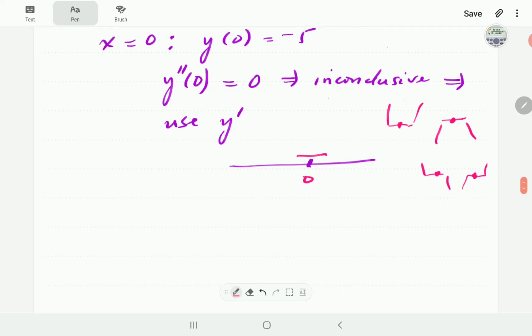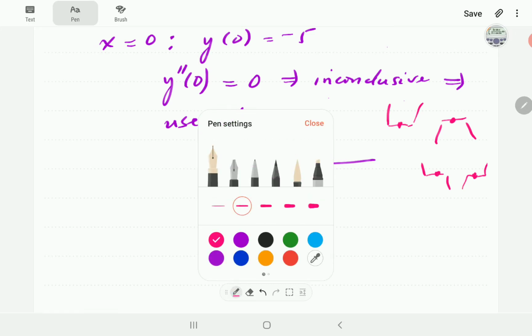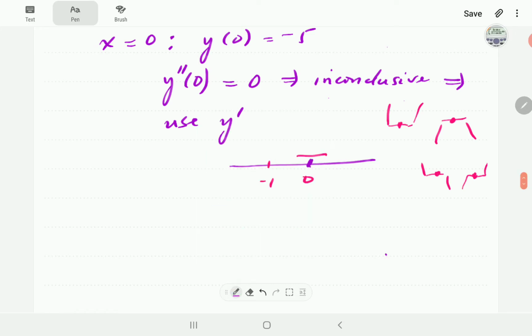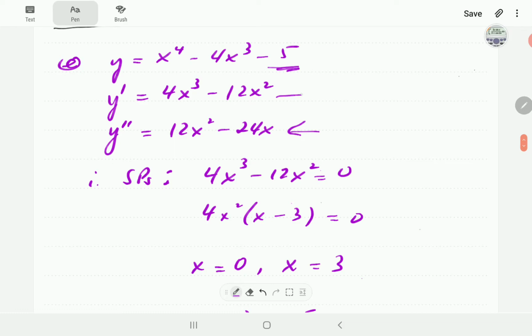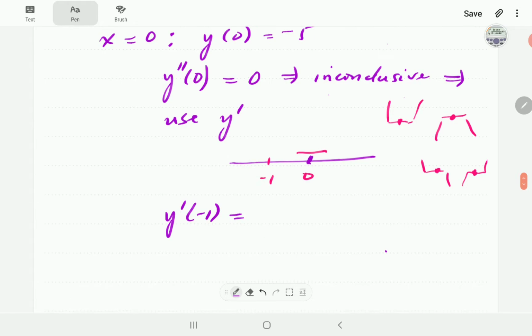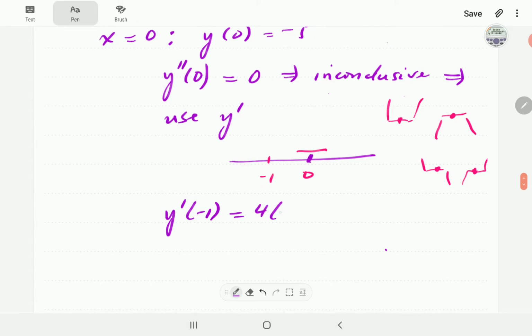So if we start on the left hand side, I'm just going to choose a point, -1. So we need to find the first order derivative at -1. So if you take this and plug it in the first order derivative, which is this function here, we're going to have 4 times -1 cubed, which is -4. Then we're going to have 12 times -1 squared.